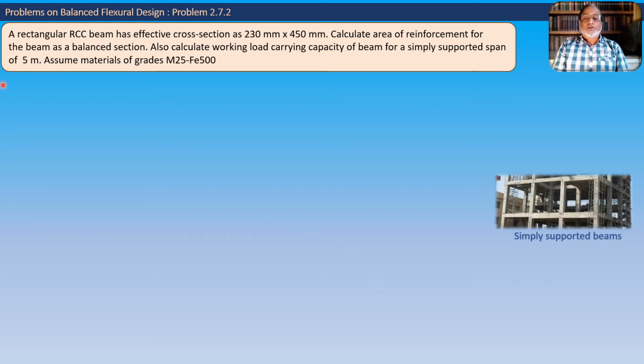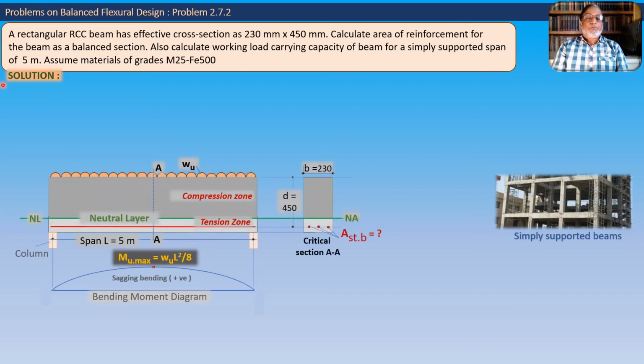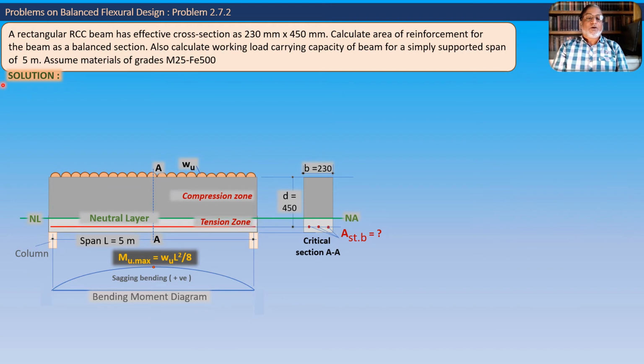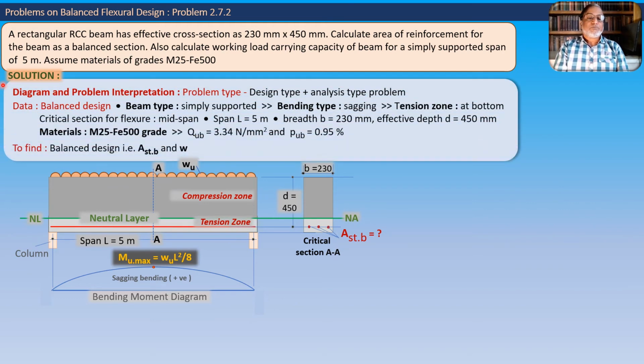Now we proceed for the solution of the problem. We start as usual with the diagram and interpretation of the data. Now in this problem, the data is given in somewhat different form, that's all.